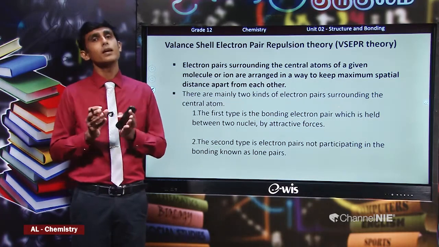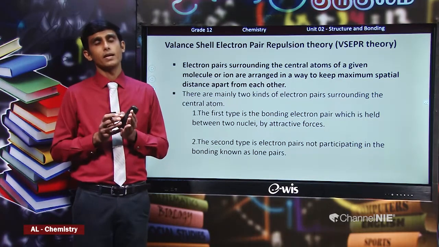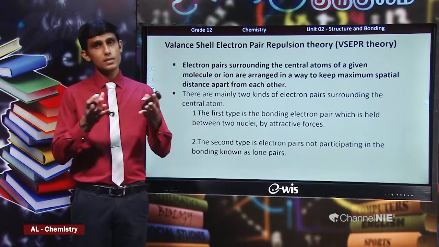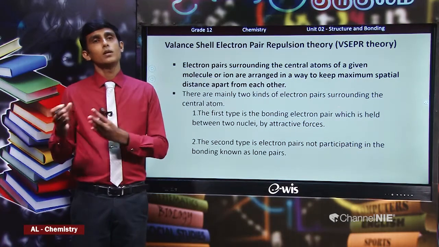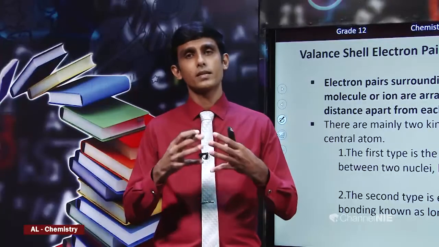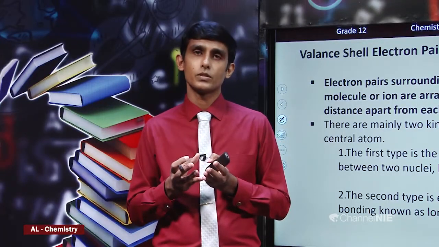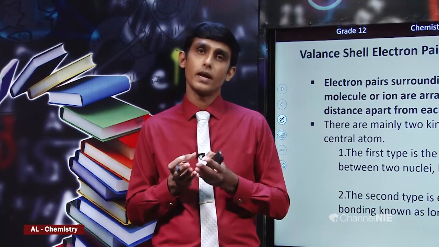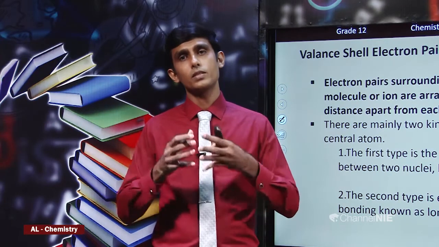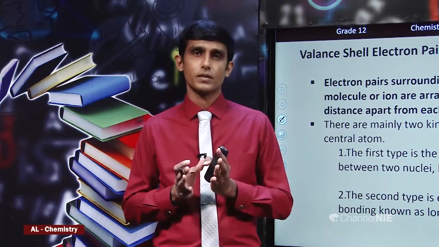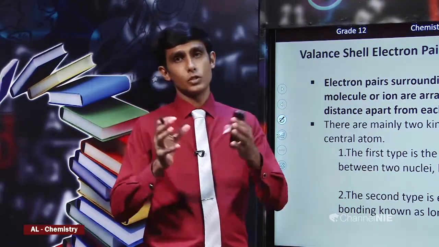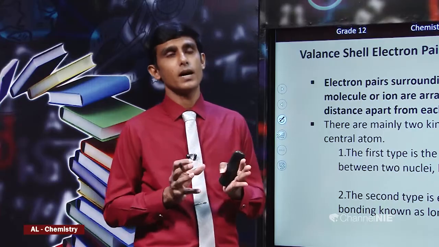This is another very important topic, and in the advanced level chemistry paper you get MCQ questions from this area and also structured essay type questions. Each year you get certain parts of the structured essay questions, especially question number 1, and at least one MCQ from this part. So this is another very important topic. We will see how to predict the shapes or geometries of these molecules and ions.